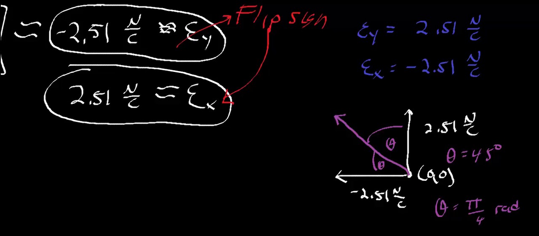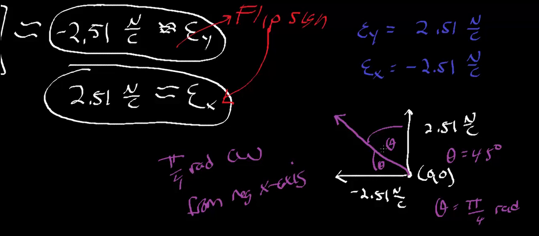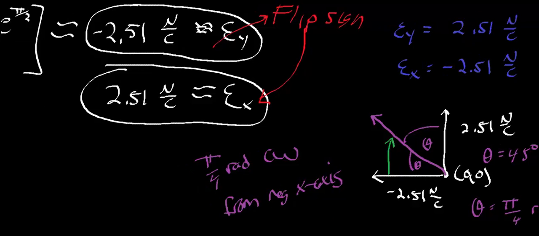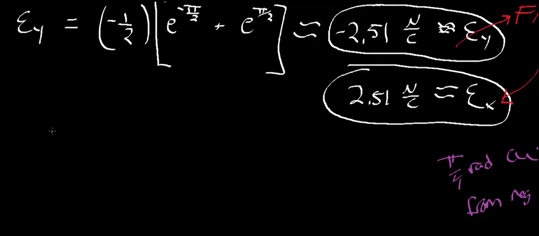And what we would say in terms of the direction is pi over 4 radians clockwise from the negative x-axis, because we're going to move this direction. So that's the direction. And to calculate the magnitude of the electric field, we're going to say E total is going to be equal to the square root of, we'll take this squared.